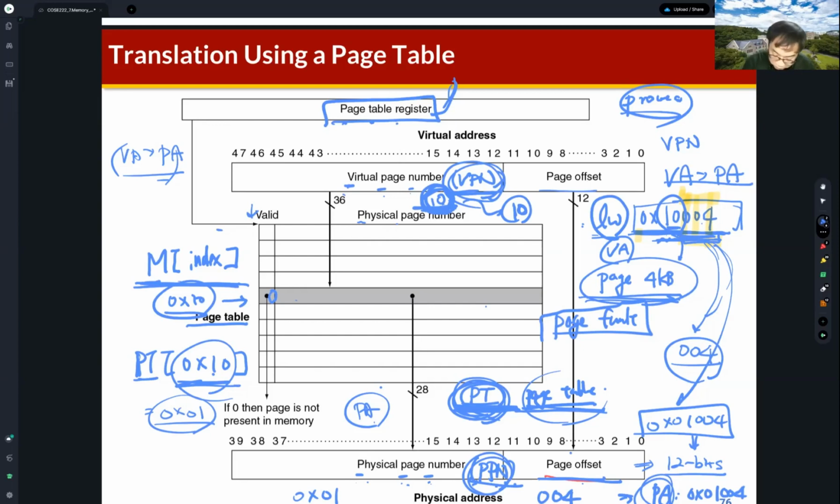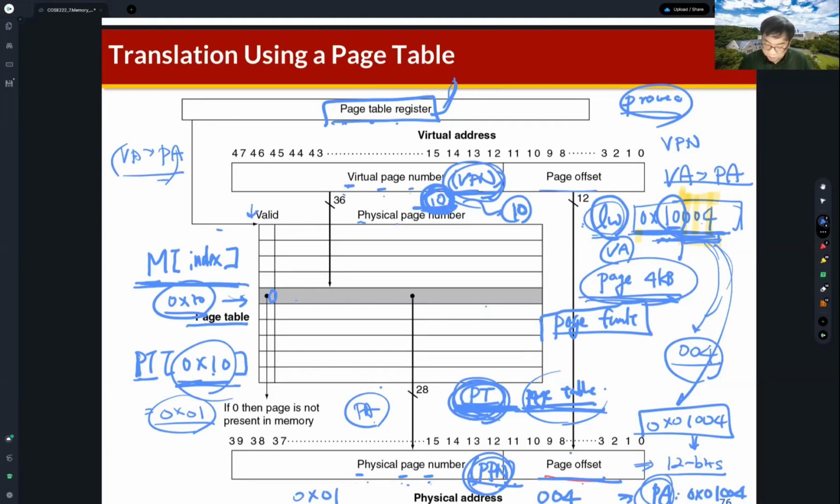When the load instruction is executed, the process requests the data using a virtual address, and the page is either found in the physical memory or not found.